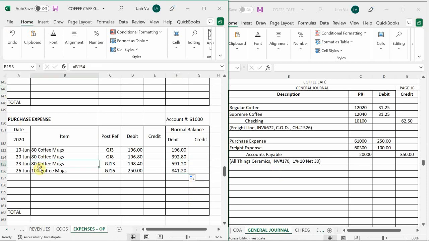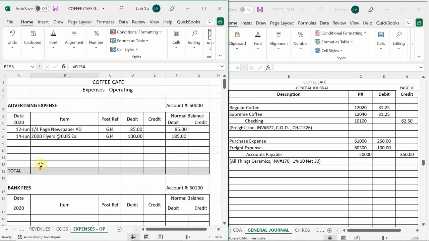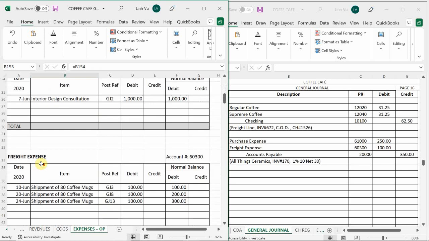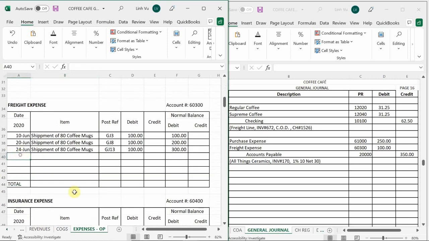So that should increase your purchase expense by $841.20. We also incurred some freight expense, for another $100.